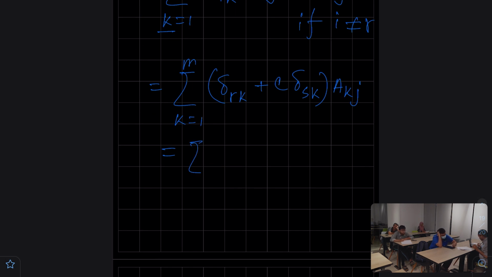It will be the sum over k equals 1 to m of delta_rk a_kj plus c times delta_sk with a_kj, right?